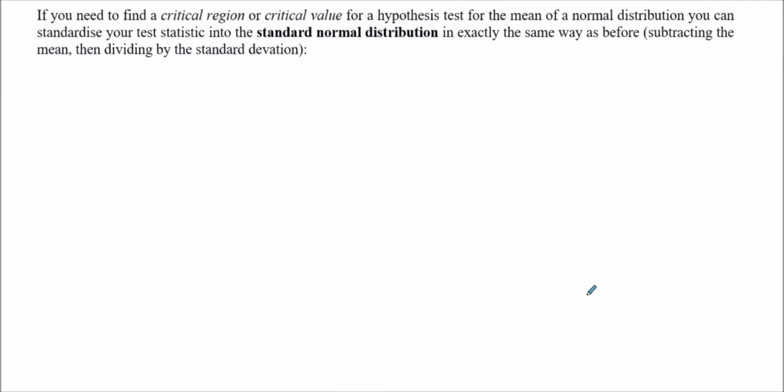Now, not in these examples, but in some examples and some exam papers, you might need to find a critical region or critical value for a hypothesis test for the mean of a normal distribution. You might have to standardize your test statistic into the standard normal distribution. If you do have to do this, you do it in exactly the same way as before, which is subtracting the mean and then dividing through by the standard deviation.